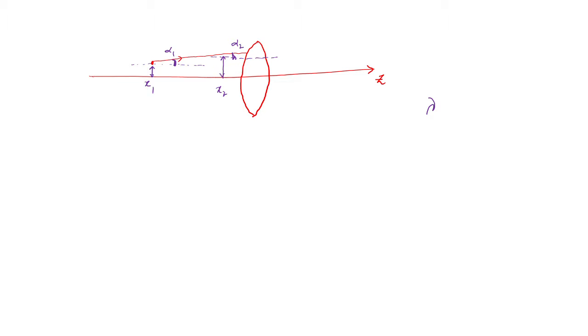We define lambda as the refractive index n times the sine of the angle, sine of alpha 1. So for point 1 here, I can define lambda 1 as n sine alpha 1.